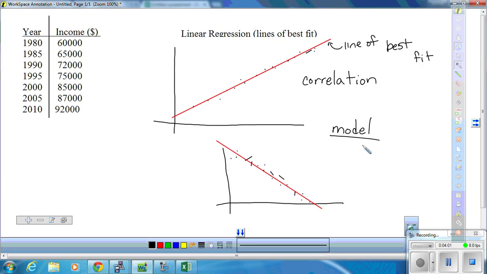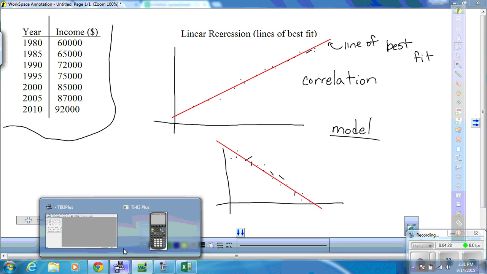Because if we have that equation, we can plug numbers into it, we can make predictions, and those sort of things. So I want you to look at this set of data over here. This over here is a record of someone's incomes over that 30-year period and how much their income went up over those 30 years. And if we wanted to write a model for this data so that we could predict what they would be making maybe in another 5 years or in the next year, we could do that.